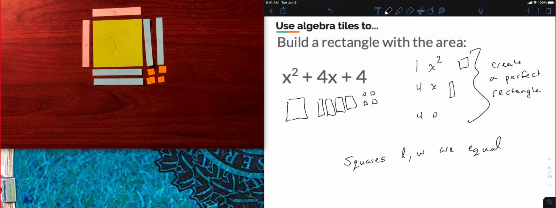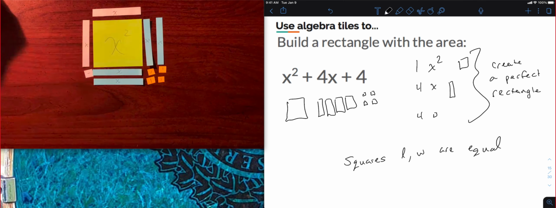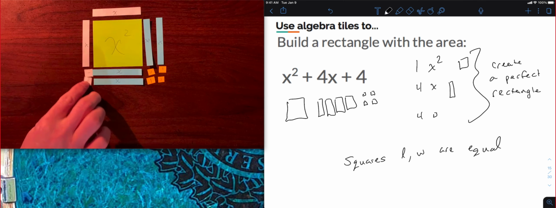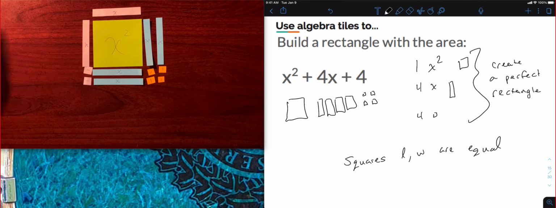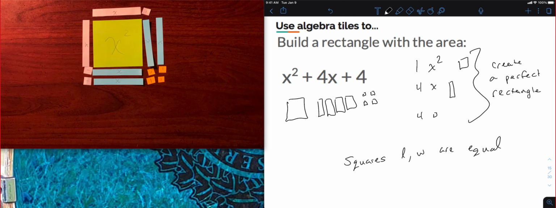How do I fill in the other 2 pieces? Well, I gotta throw a 1 here and a 1 here, and the same thing over here. So this is what we call a square, but its length and width are equal.